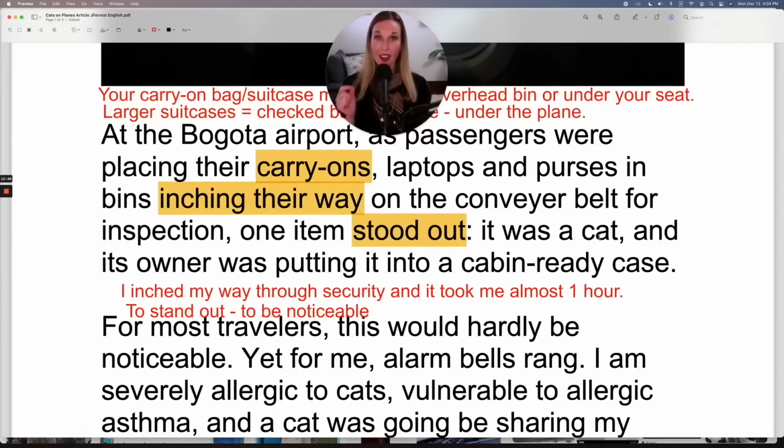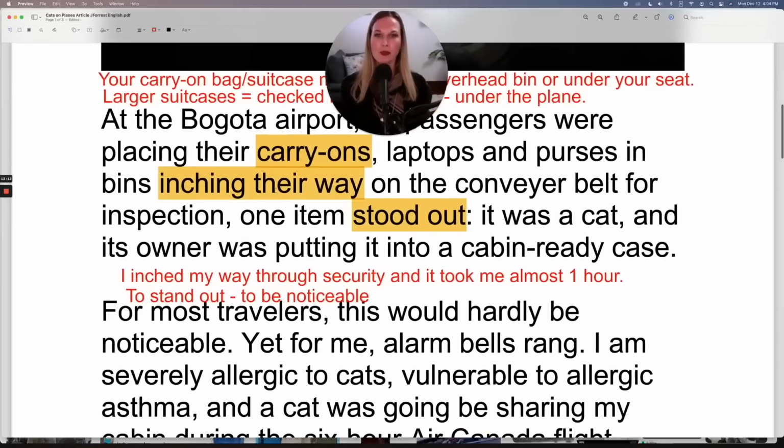It was a cat, and its owner was putting it into a cabin-ready case. So a cabin is what I showed you in the picture. That's where all the passengers go when they're on a plane. They just call that the cabin. So that cat is going on the plane.